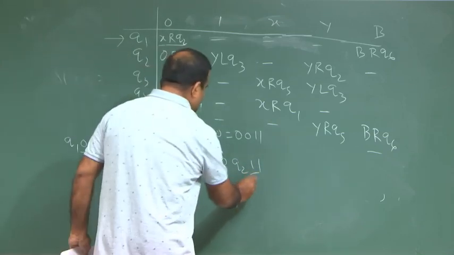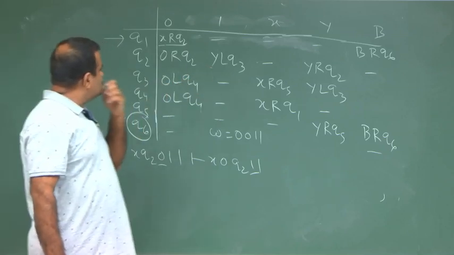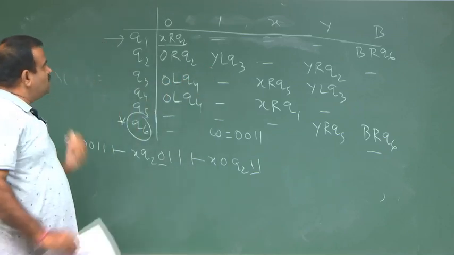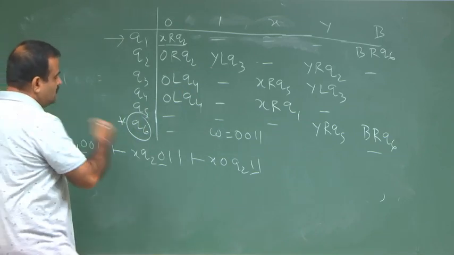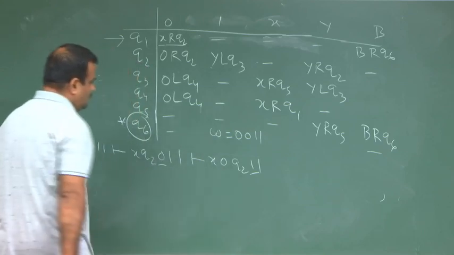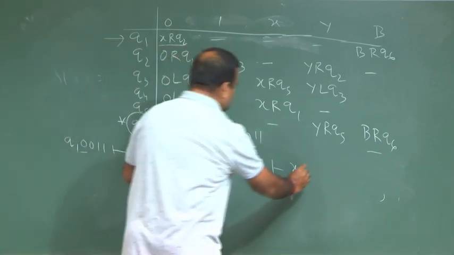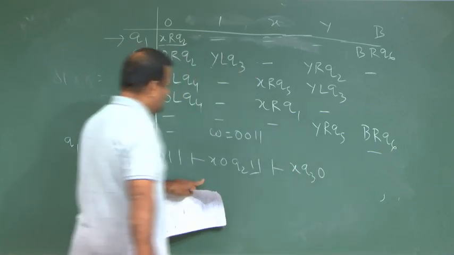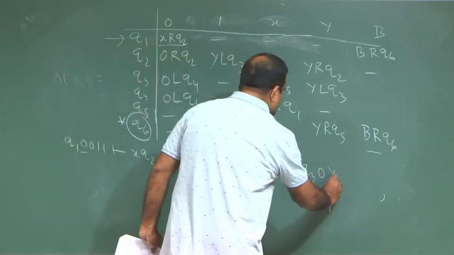Now this one is the next symbol. q2 with 1, the 1 is replaced by y, and it is going to the left, and the state will change to q3. Going to the left means the next symbol it will read is this one. So this will go to x, then q3, 0 will be the next symbol to be read, and 1 is replaced by y, y1.